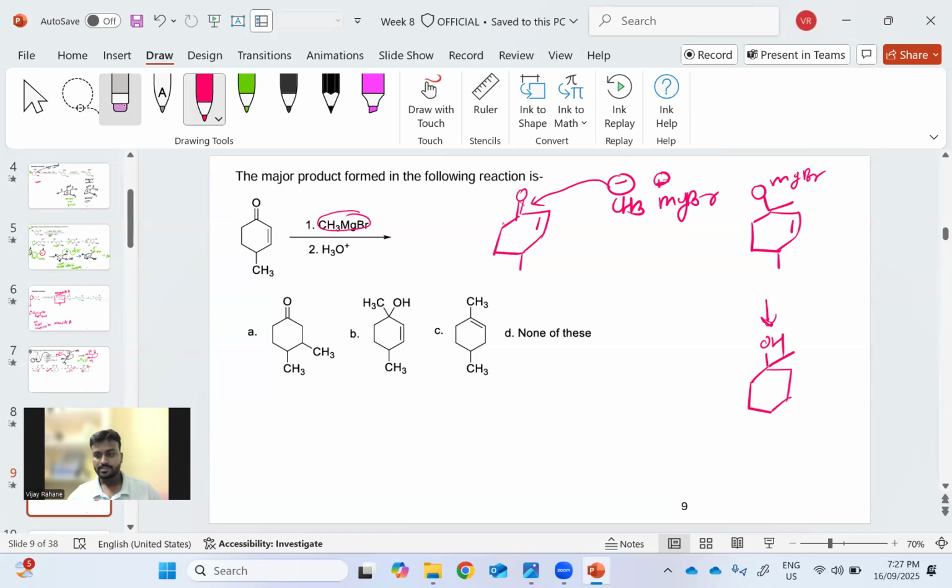Here the methyl is from this Grignard reagent, and we have the methyl substituent that is already in the starting material. That's the CH3.